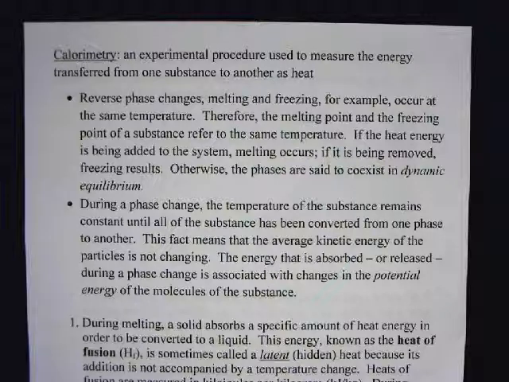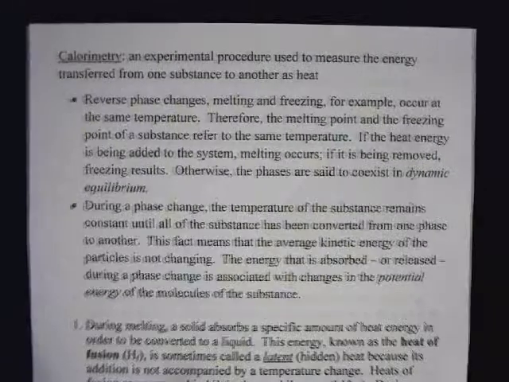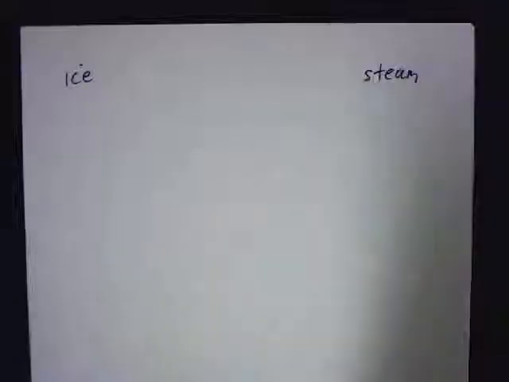And we can calculate different things. We can calculate the amount of heat during a phase change and not during a phase change. Okay? So let me just show you something. This isn't in the notes, but all right, let's say I want to go from ice to steam. Okay?